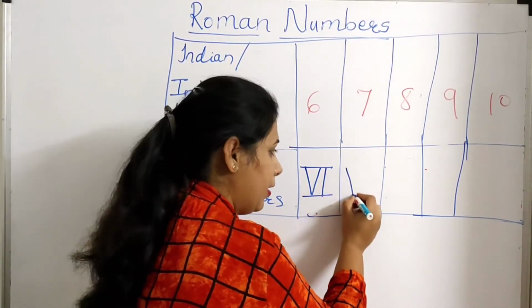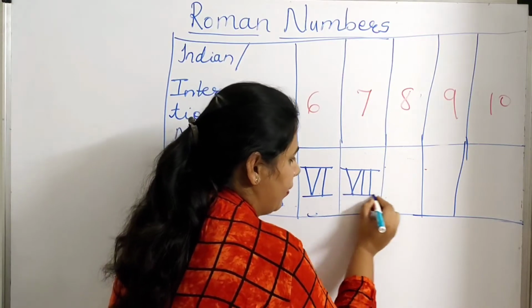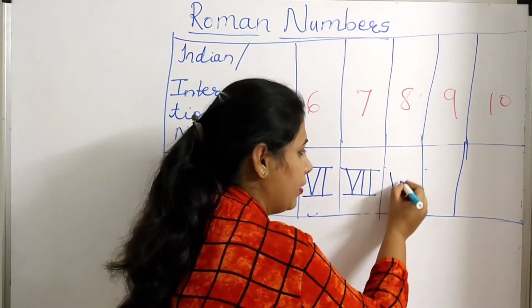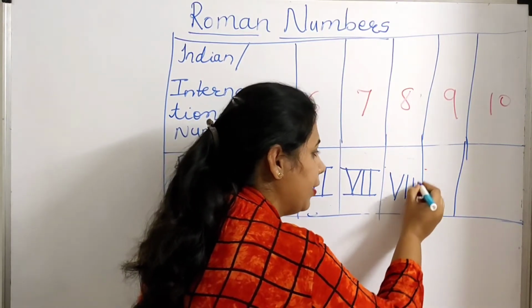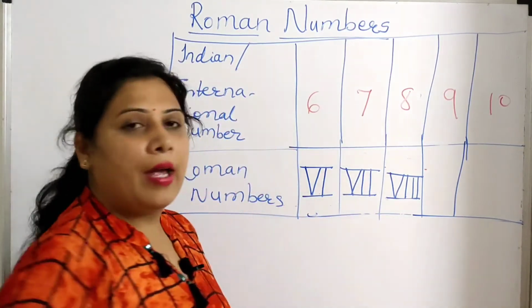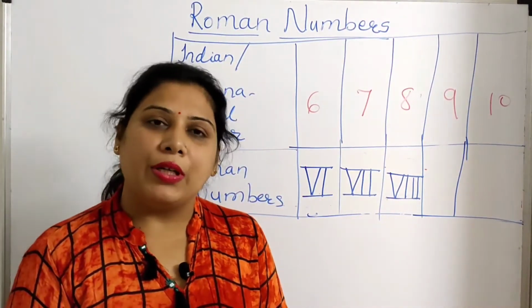For 7, again 5 will be as it is and we will add 2 more in that. This is 7. For 8 we have to add 3 more in the 5. This is 8. For 9, now the number will change here.